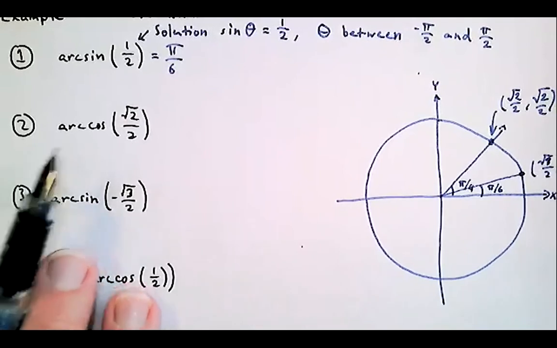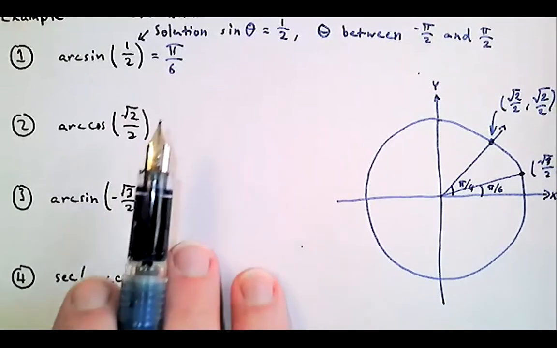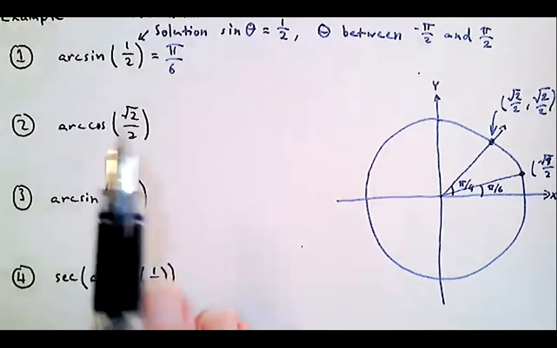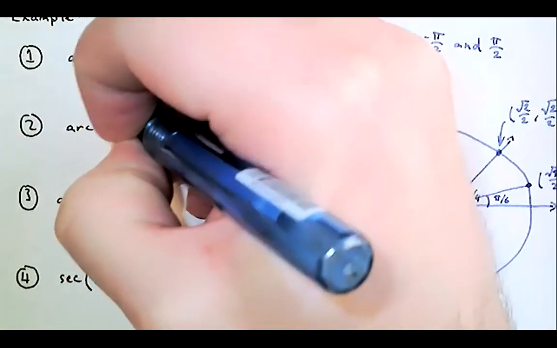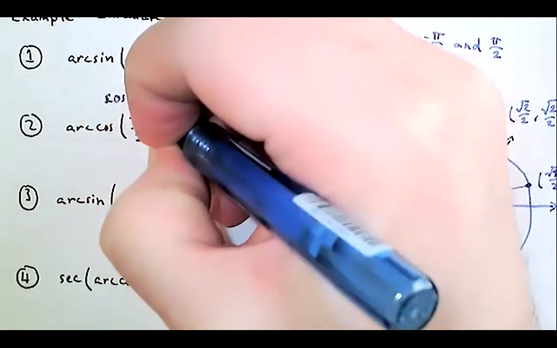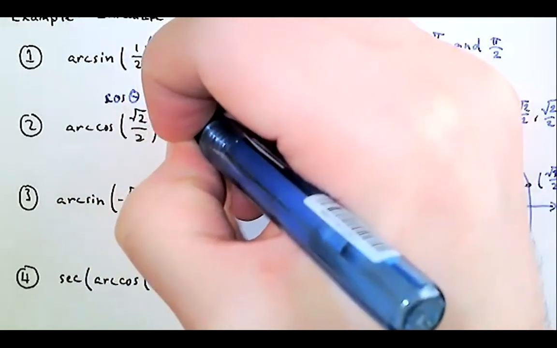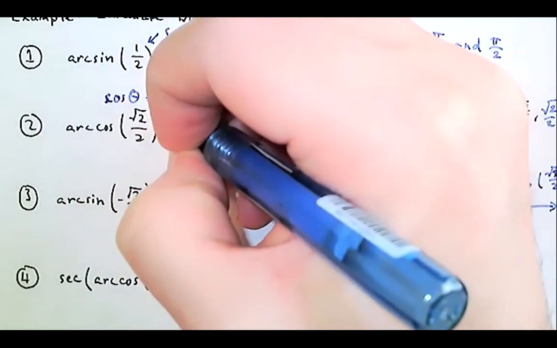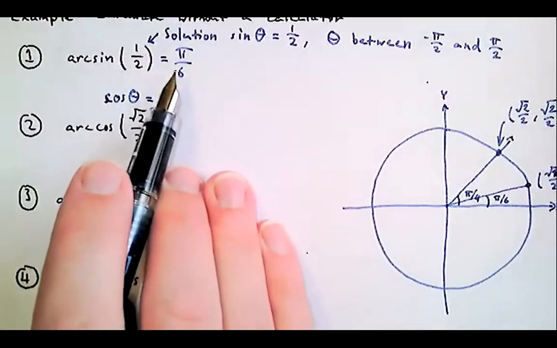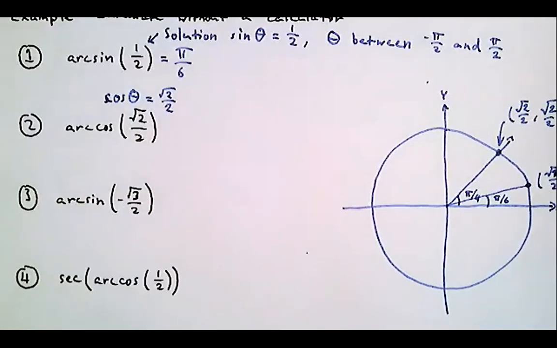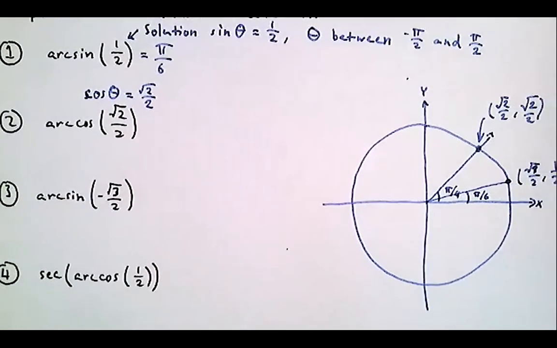Let's think about arc cosine next. So what value of theta solves this equation? We're reversing the roles of x and y. So we're looking for the angle that solves this. We actually already drew it in.